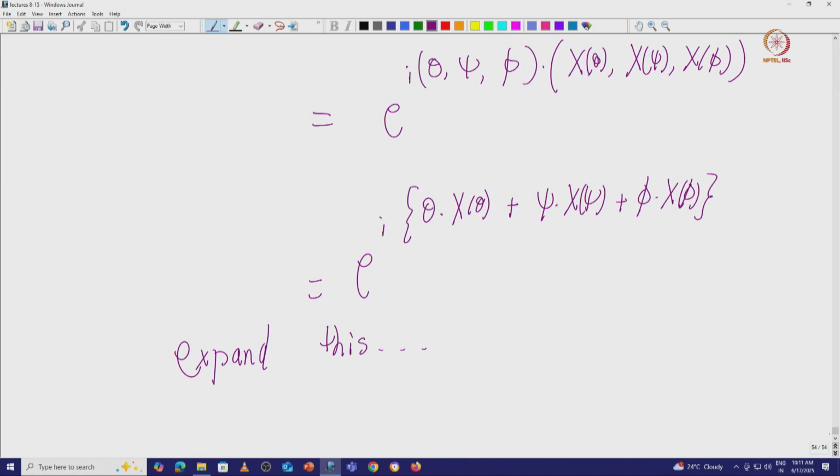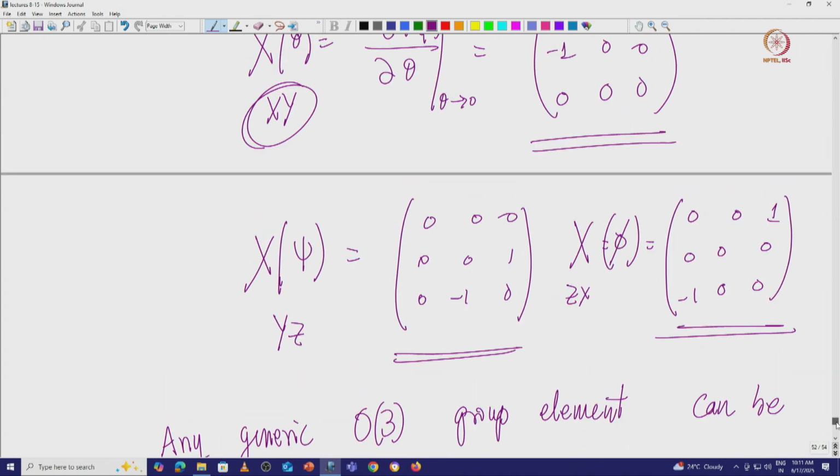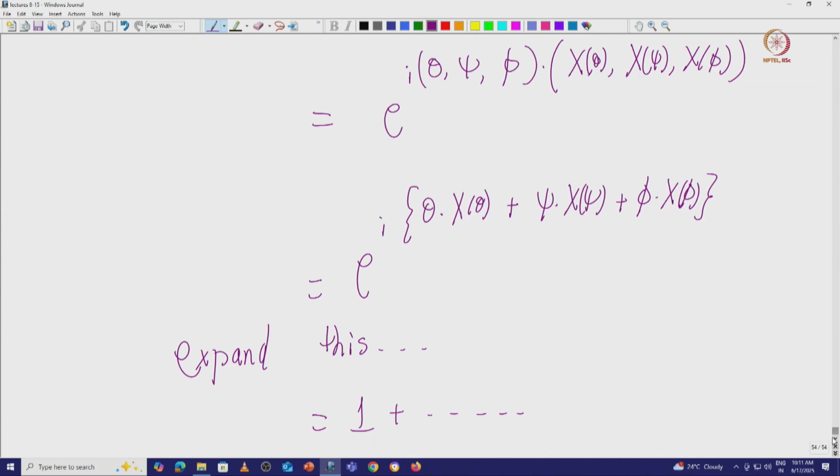that if you expand this and do some algebra, you will notice that it goes as 1 plus so on, and this is the group element, and now you can impose the conditions.